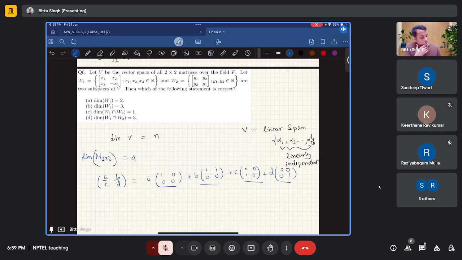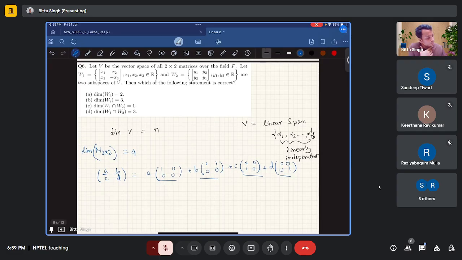Let us see if it is true or not. So let us check. For our question, W1 is defined to be this, x1, x2, x3, and minus x3.